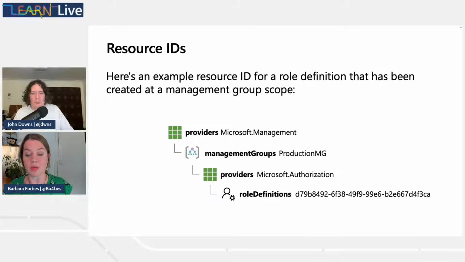So we see here that the management group is part of the Microsoft.management provider, while the role definition we see here at the bottom is part of the Microsoft.authorization provider. So this example is a role definition that is part of a management group, which you can use to give someone permissions to do stuff.